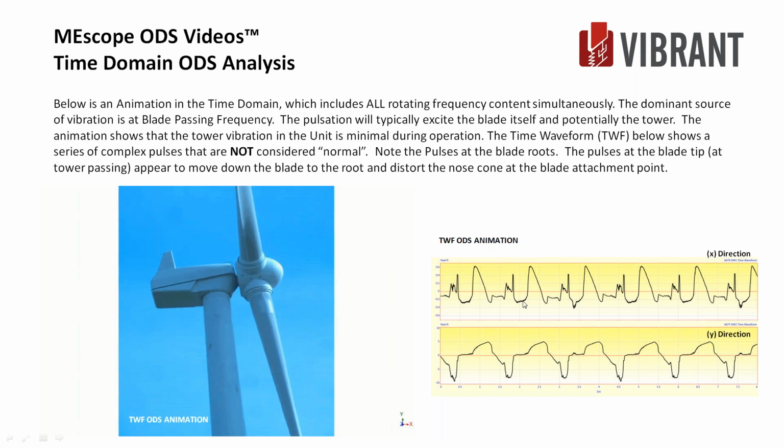But looking at this, I see repeatable patterns, but there's a lot of distortion. So instead of having just a clean pulse every time a blade passes the tower, I have all kinds of other stuff going on here. And this, I believe, is indicative of maybe cracks in the blades. So there's some nonlinear event going on, and this is like in between each pulse, something else is happening.